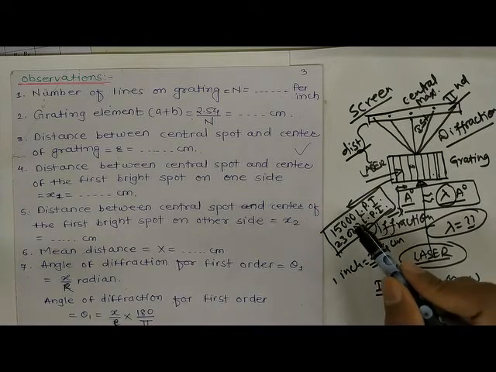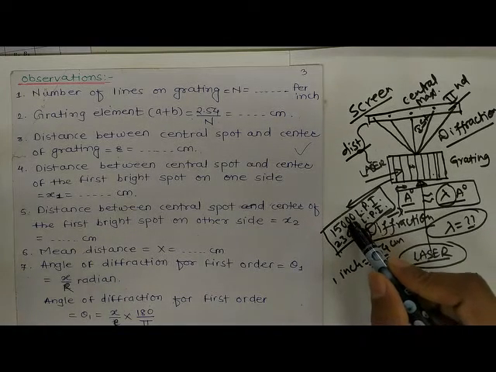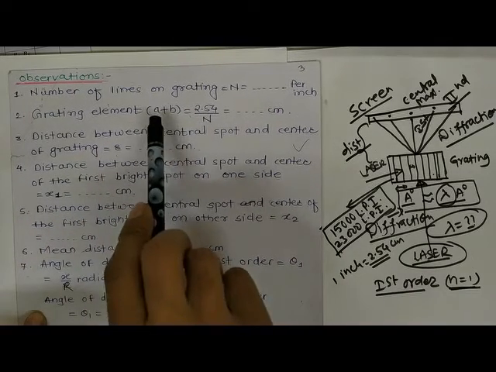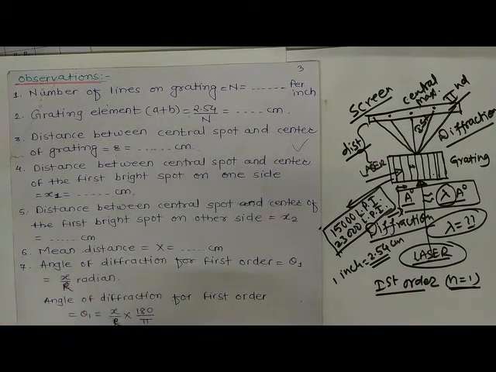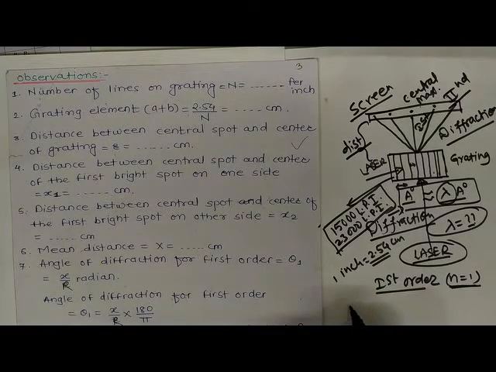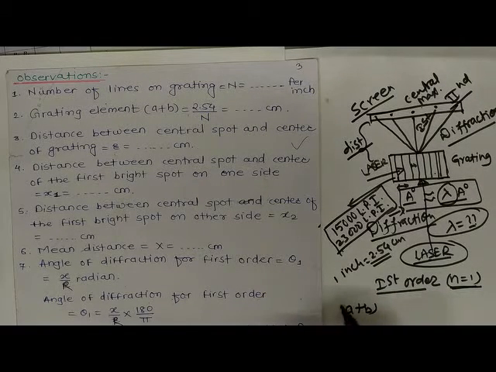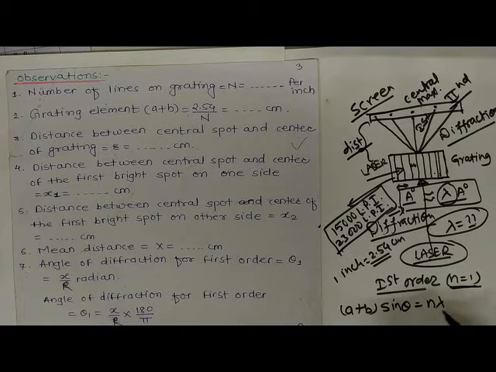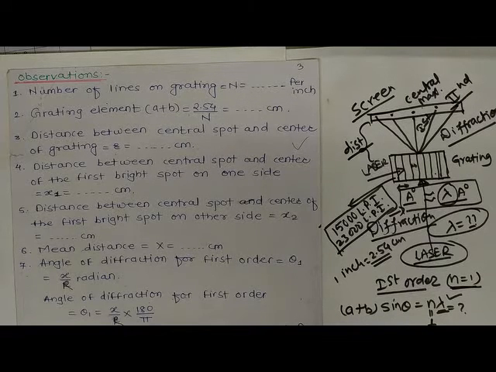So it is already mentioned on the grating. Then the grating element we have to find in the observation, a plus b. In the formula I said initially, (a plus b) sin theta equals n lambda. Finally we have to find lambda; n is already given, since we are using the first order diffraction pattern, n is equal to 1.